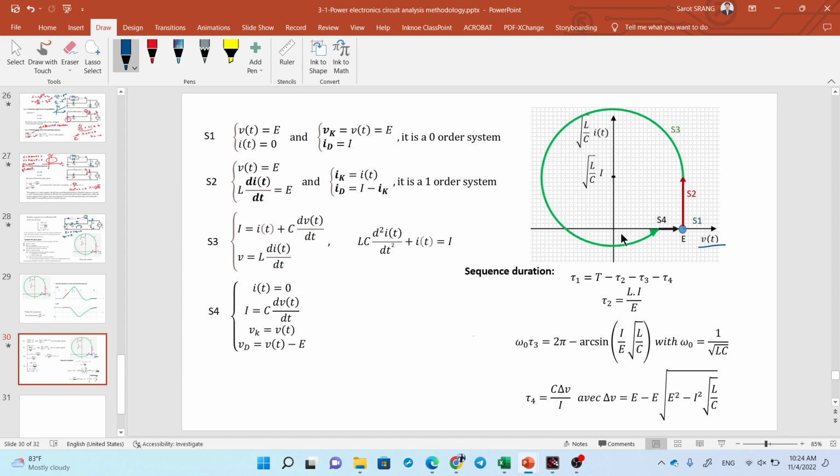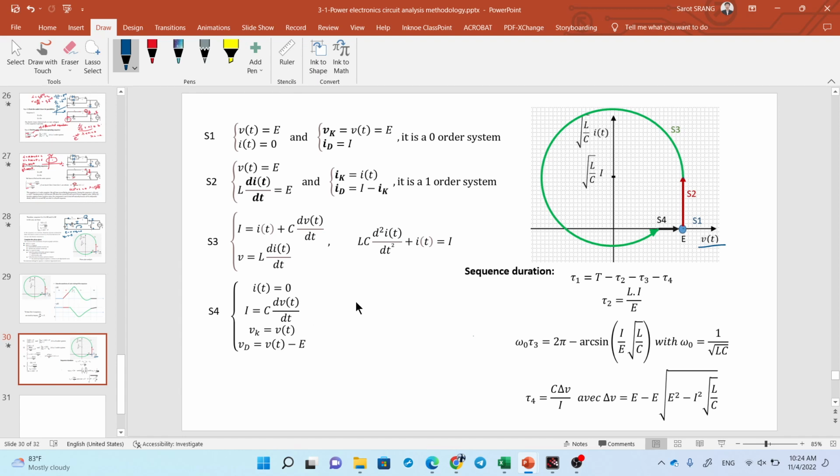And so current can go up and down, oscillating in the form of a sine wave. Voltage V also falls down and then goes up until it reaches sequence 4.